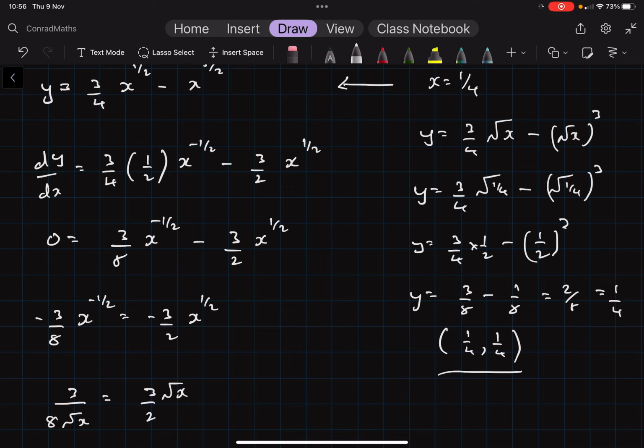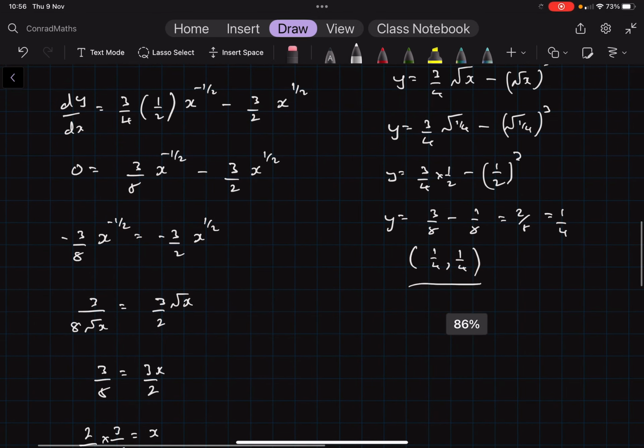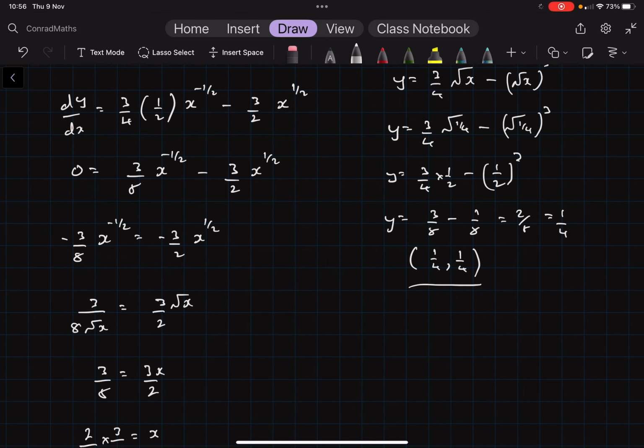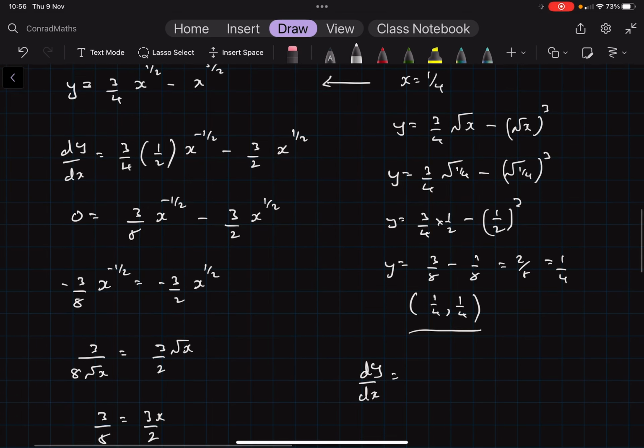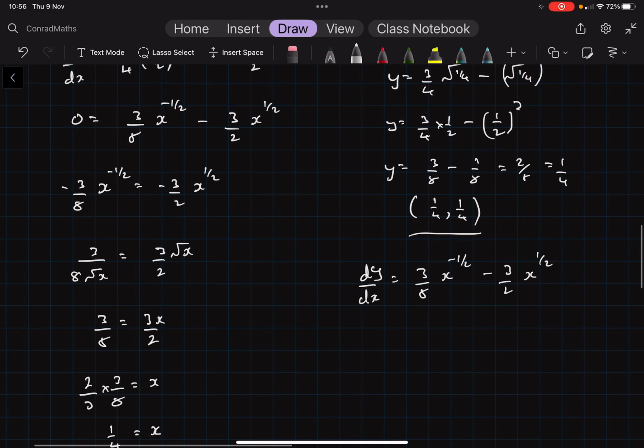Now we've been asked to find the nature of that turning point. So we need to differentiate again. So just to remind you, dy/dx we had found to be 3/8 x to the minus 1/2 minus 3 over 2 x to the half. We'll keep it in powers because we're going to differentiate.